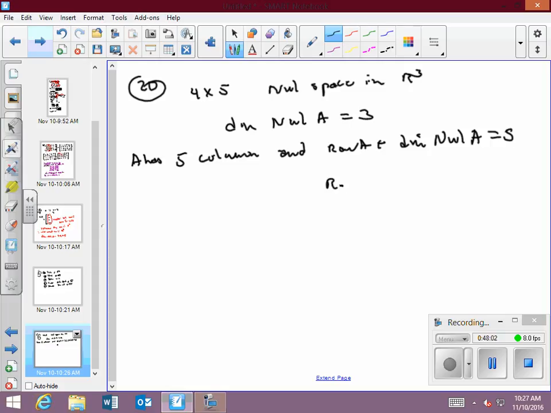Therefore, rank A plus 3 equals 5, so rank A equals 2. And this was theorem 14, page 158. Okay.